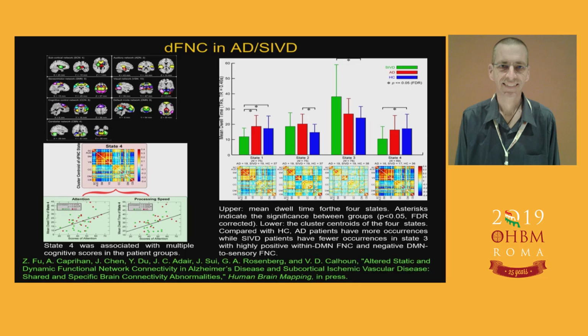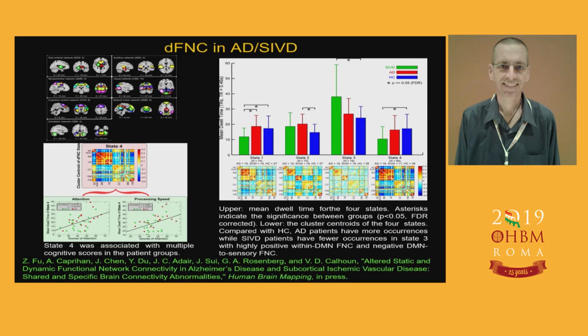And can we differentiate those groups using resting fMRI? If we look at it with this dynamic connectivity metric, we find that the SIVD individuals are showing a higher dwell time in this less modularized state 3 compared to the Alzheimer's and the healthy controls.